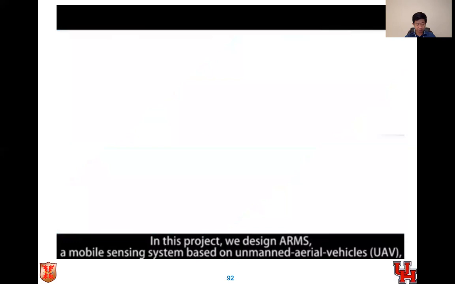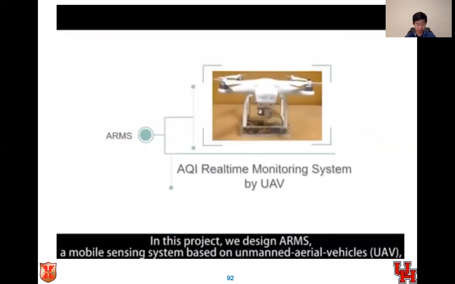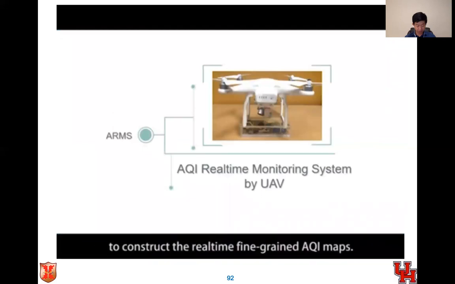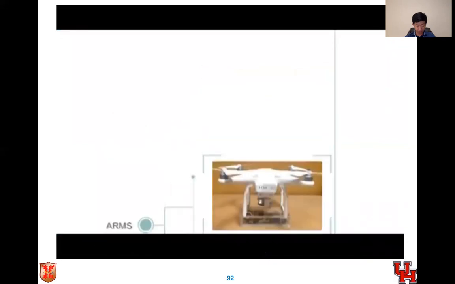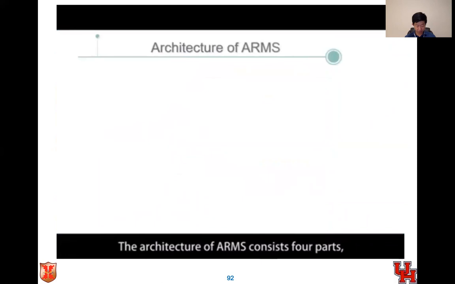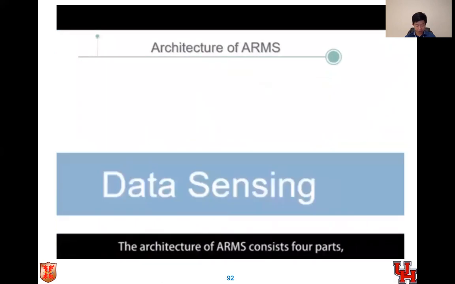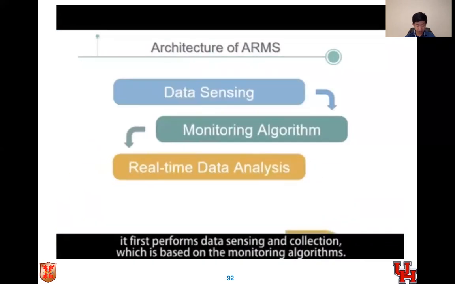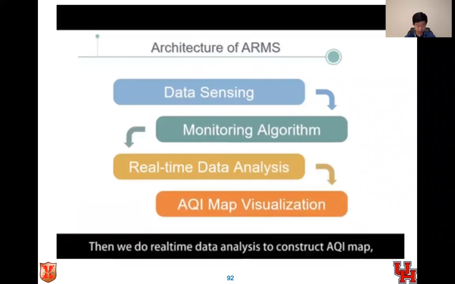In this project, we design ARMS, a mobile sensing system based on unmanned aerial vehicle, to construct real-time fine-grained AQI maps. The architecture of ARMS consists of 4 parts. It first performs data sensing and collection, which is based on the monitoring algorithms. Then we do real-time data analysis to construct the AQI map and present it by designing a dataset and website for visualization.